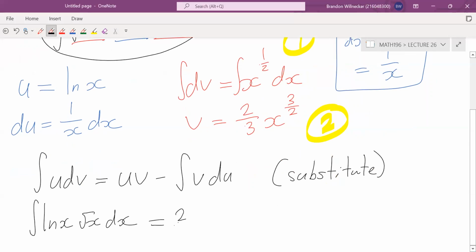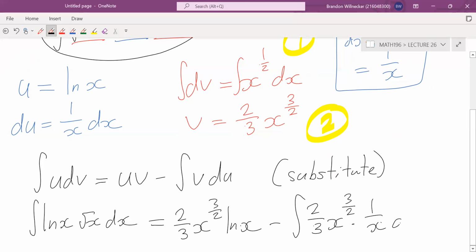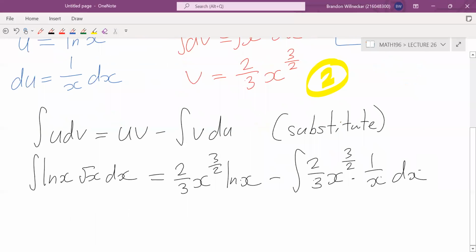So that's going to be 2/3 x to the 3 over 2 times the natural log of x minus the integral of v du. So that's going to be 2/3 x to the 3 over 2 times 1 over x dx. Okay, so I've just done the substitution now.